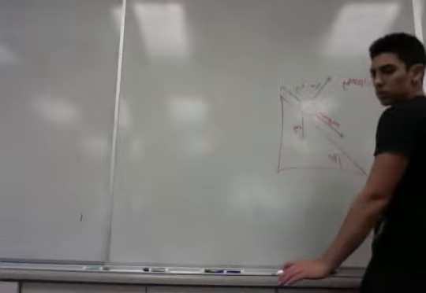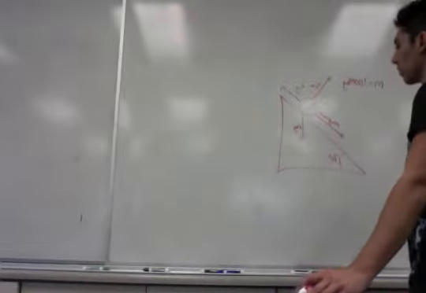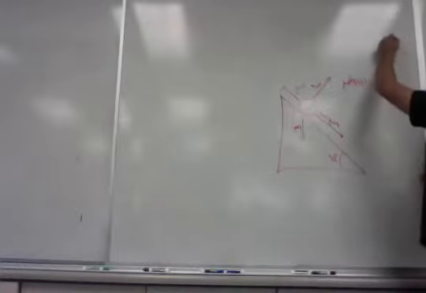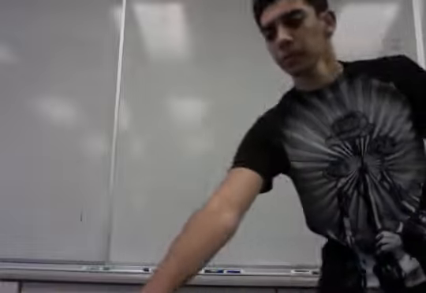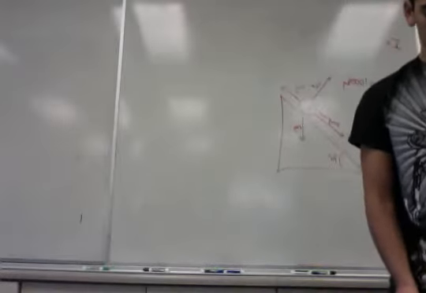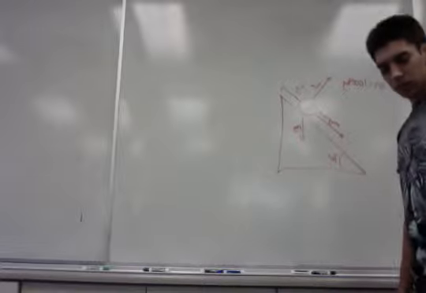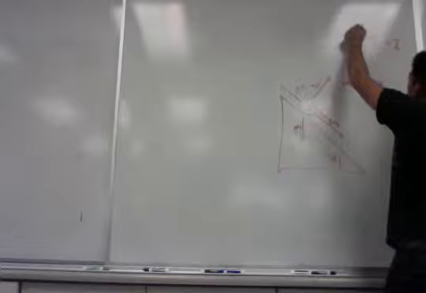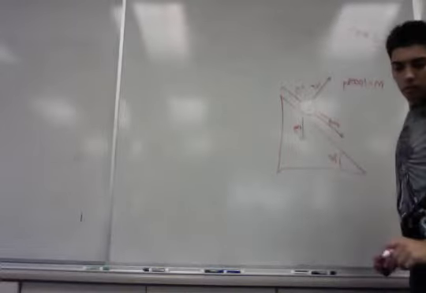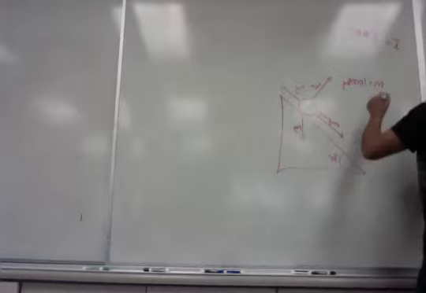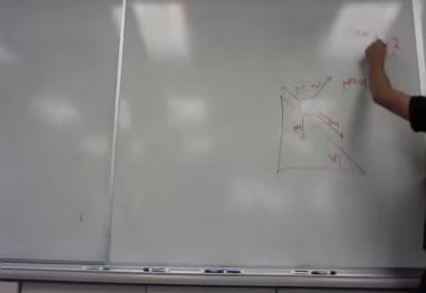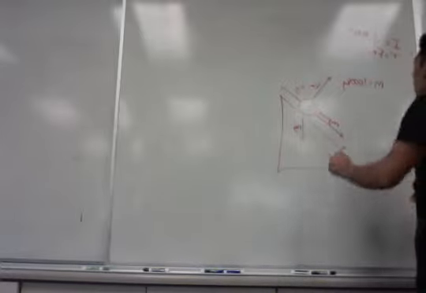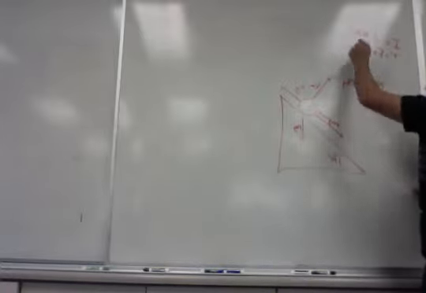Okay, next step, let's write out our relevant equations. So we know that I is equal to 2/5 mr squared, and we know that the torque is equal to Fr, which is equal to inertia times alpha.